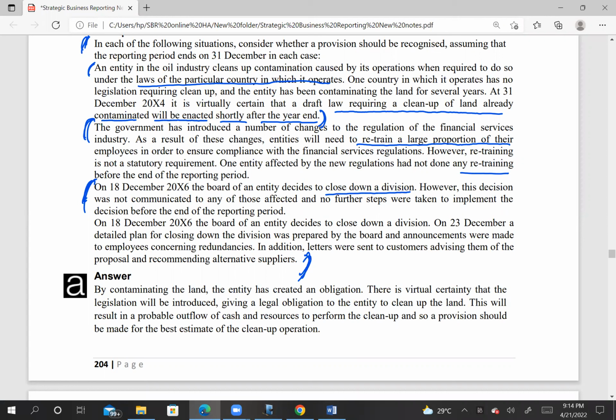However, this decision was not communicated to any of those affected, and no further steps were taken to implement the decision before the end of the reporting period. Now in this case, there is no formal plan, there is no announcement to the people who are going to be affected, so a provision will not be recognized.